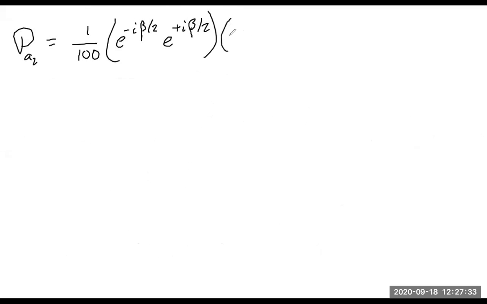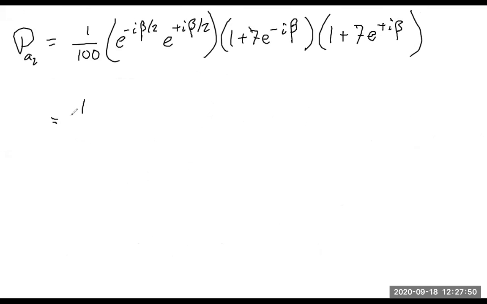So this probability of measuring A2 then becomes 1 over 100 e to the minus i beta over 2 times e to the plus i beta over 2. And this is just 1 times 1 plus 7 e to the minus i beta, times 1 plus 7 e to the plus i beta. This is its complex conjugate.